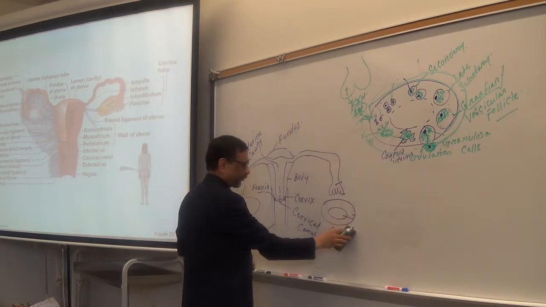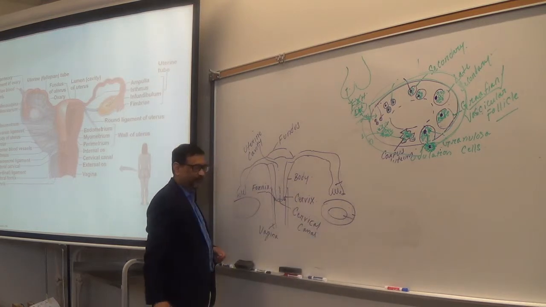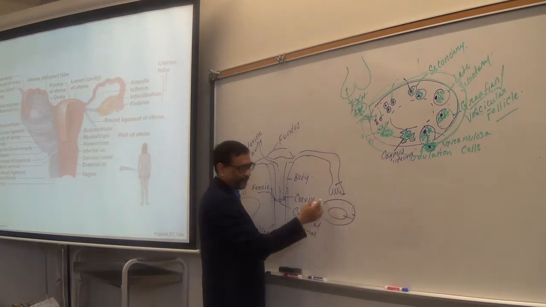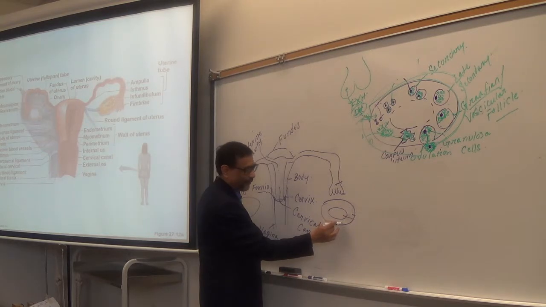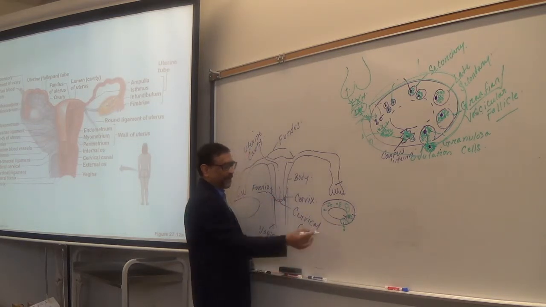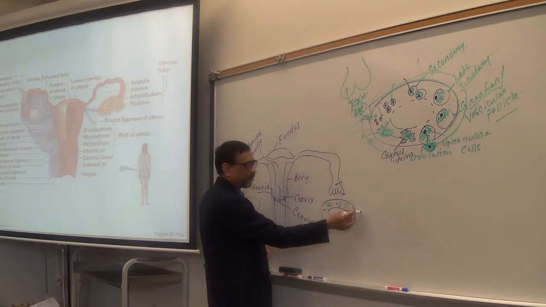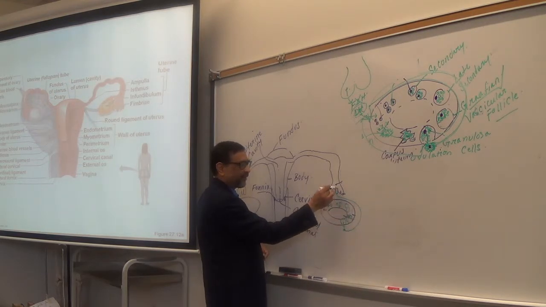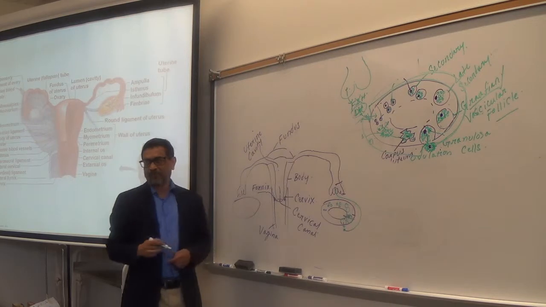Okay, now let's go back here. This is the ovary. And you already know that from primordial, primary, secondary, late secondary, then Graafian is the most mature, right? So the egg inside, egg comes out by ovulation. Okay? So this egg will be taken inside the uterine tube.